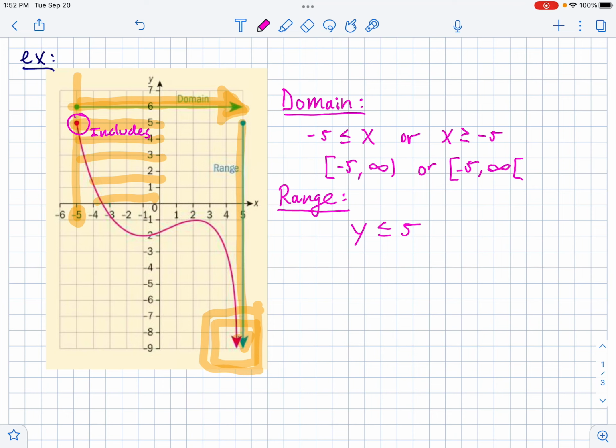And then for y is less than or equal to 5, that would be -infinity all the way up to 5, and it includes it with the bracket. Or you could say -infinity all the way up to 5, including. So 3 different ways again. The inequalities and the intervals, both American and British.